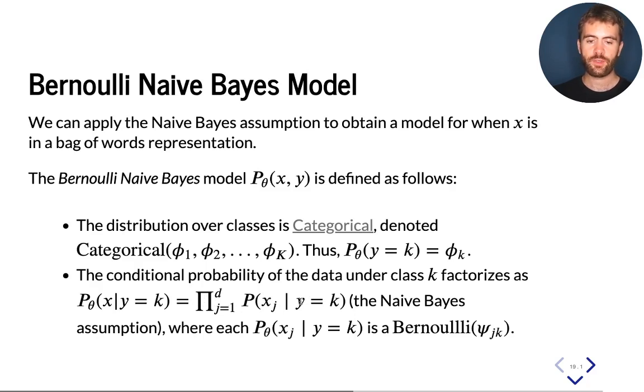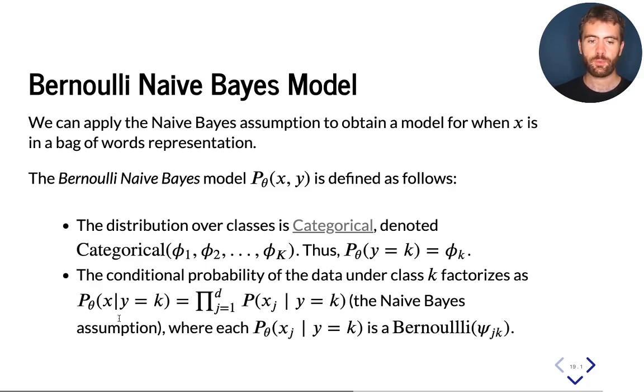And we have used the naive Bayes assumption here because the probability of each component of x is independent of all the other components. So here again, each conditional probability of x given y is a product of d Bernoulli distributions, where each distribution assigns a probability to the event of seeing a particular word at its location.